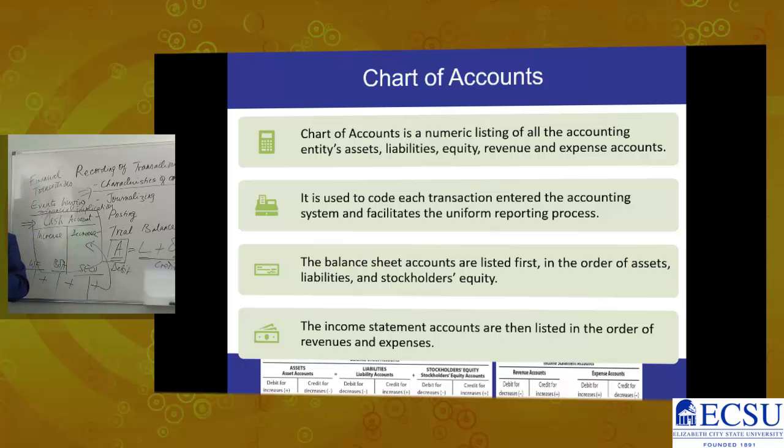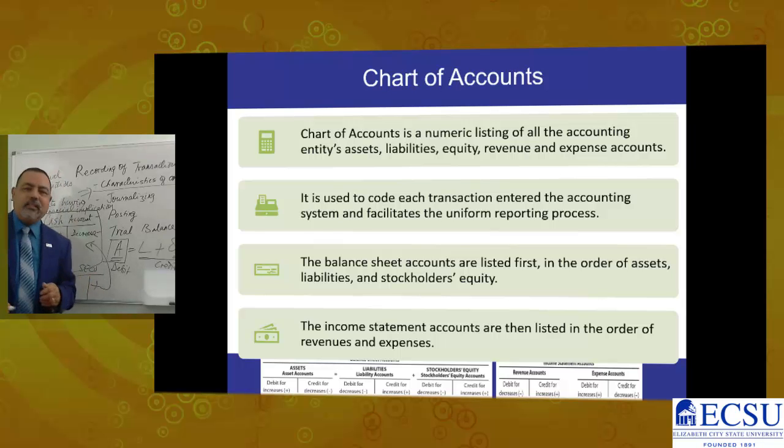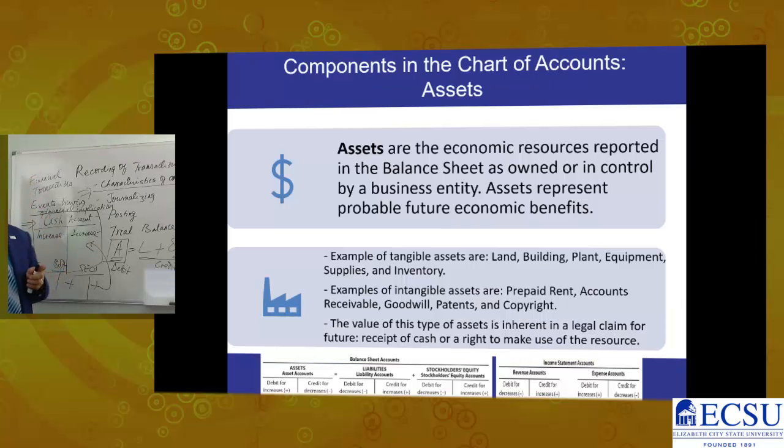So the balance sheet accounts are listed first. As you can see, these are the three balance sheet accounts: asset, liability, and equity. And then the income statement accounts are listed in order of revenue and expenses. So that is how we will be organizing our chart of accounts.